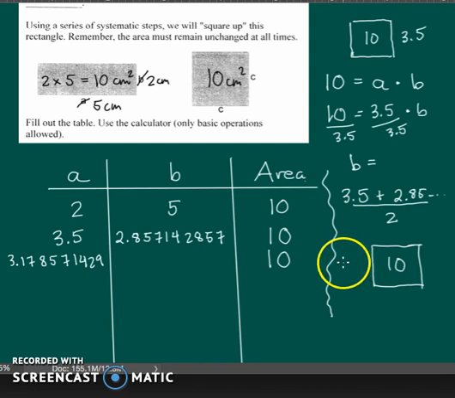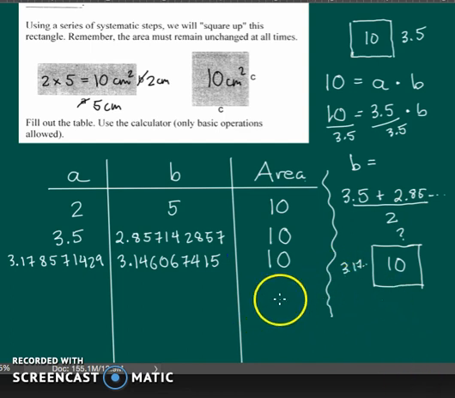We guessed that the one side is 3.17, etc. What is the length of the other side? So once again, we will say 10 divided by this long number, and what we get is 3.146067415. If you need to pause the video to catch up, you can do that.